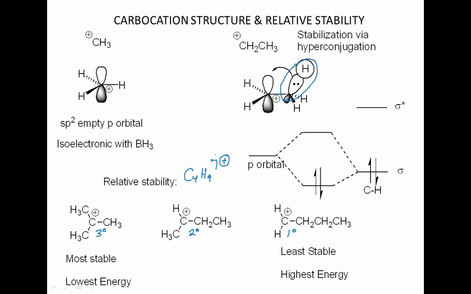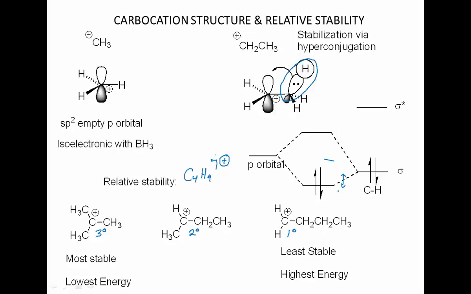We can describe the CH bond as being a sigma bond, with its antibonding orbital. The p orbital would be empty. The CH bond would have 2 electrons. When we interact them like this, there's a net stabilization, and this accounts for the added stability of the carbocation.